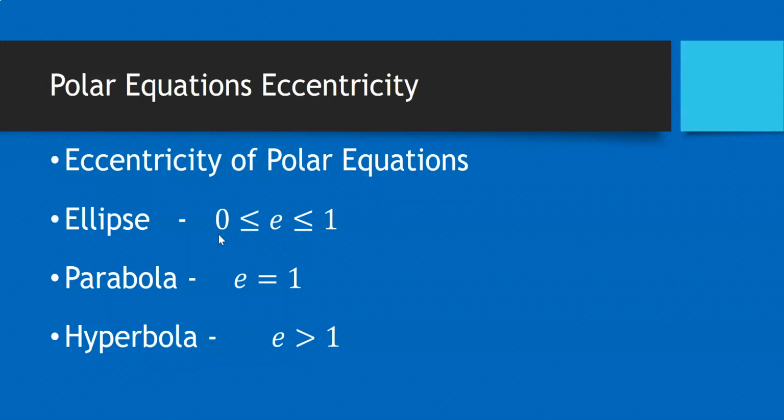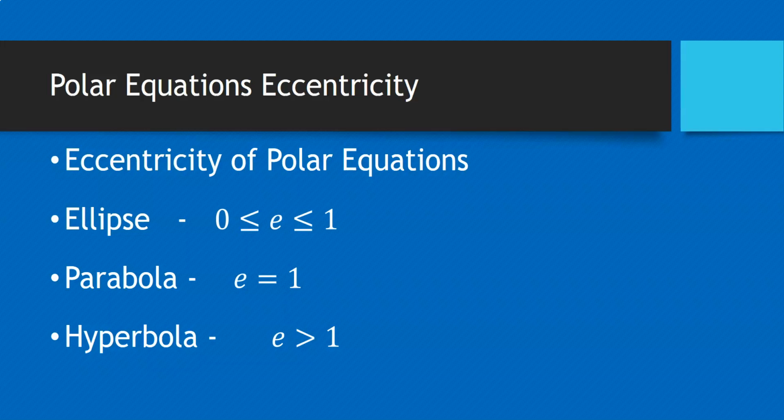When the eccentricity is 0, we saw that we got a circle. You can think of that as a special case of an ellipse, or as different than an ellipse, whichever you'd like. A parabola has an eccentricity of exactly 1, and a hyperbola has eccentricities greater than 1. Different hyperbolas are going to have different eccentricities, but they're all going to be greater than 1.